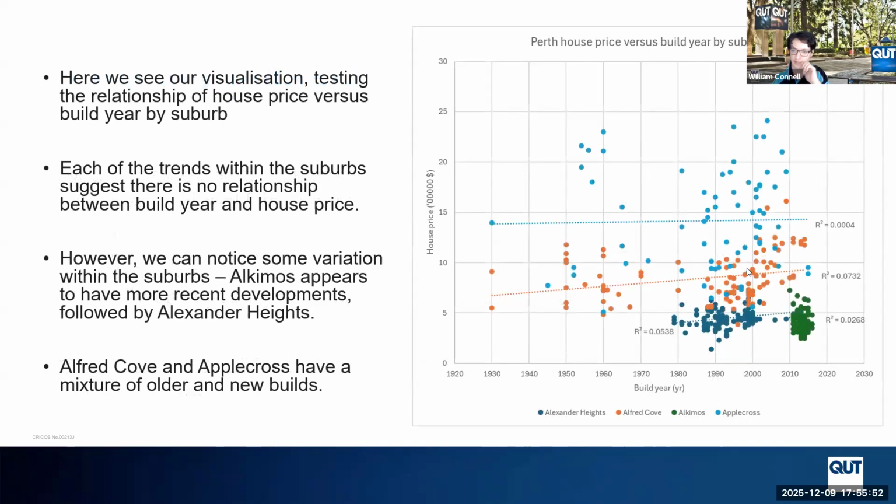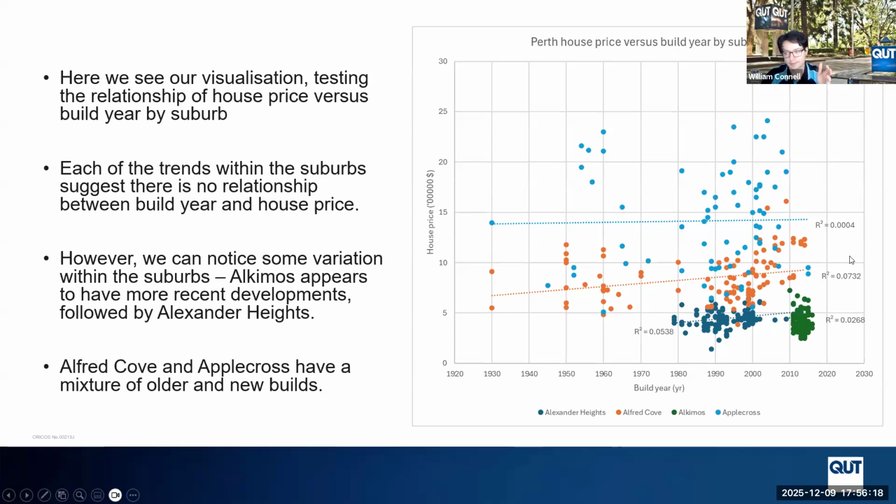All right, so here's our visualization. It's got build year on the x-axis, house price on the y-axis, and we can see for the four suburbs that we have what these trends look like. Looking at each suburb individually, I've just reported the R-squareds here.